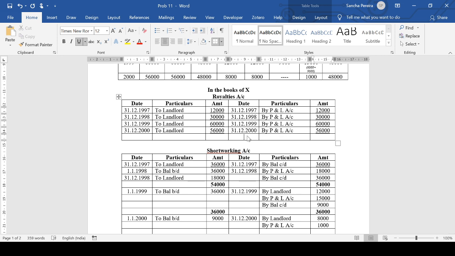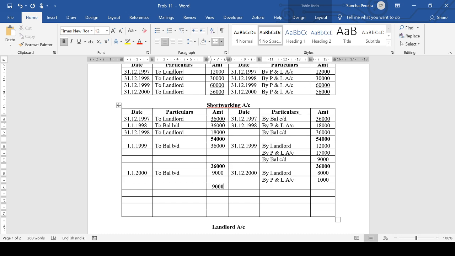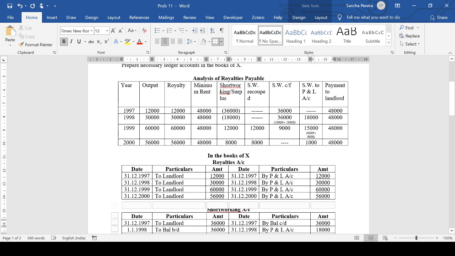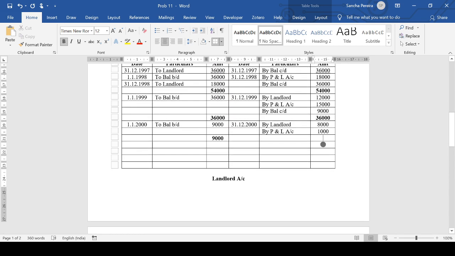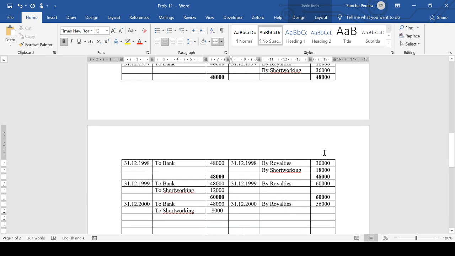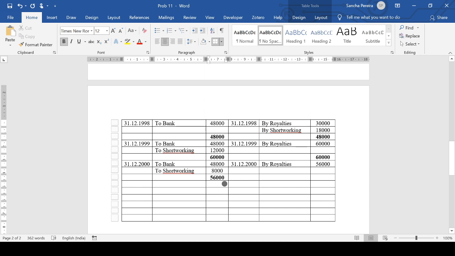That's it. The royalties account tallies. Short working account also will tally. You'll have a total of 9,000. There's nothing carried forward. If you check, there is nothing carried forward. The landlord account will also tally, 56,000.